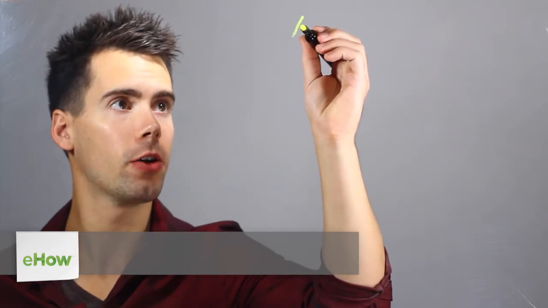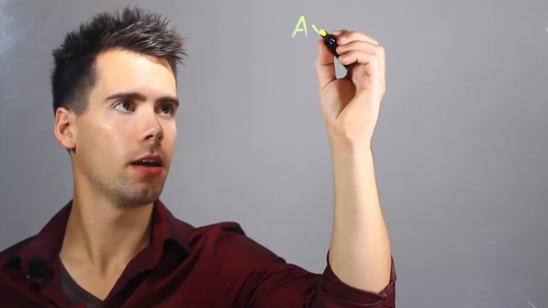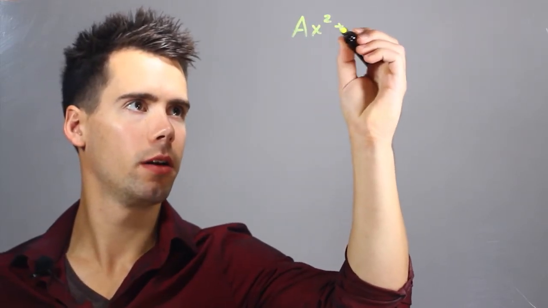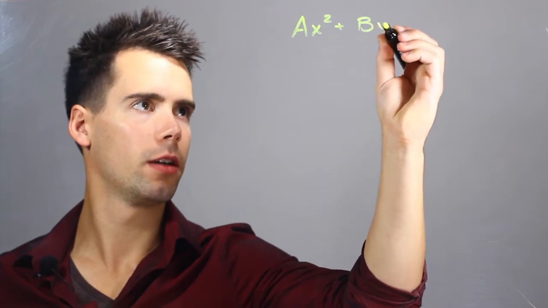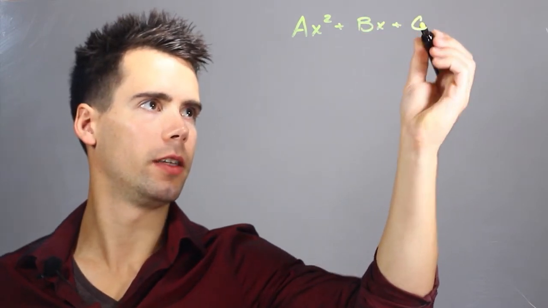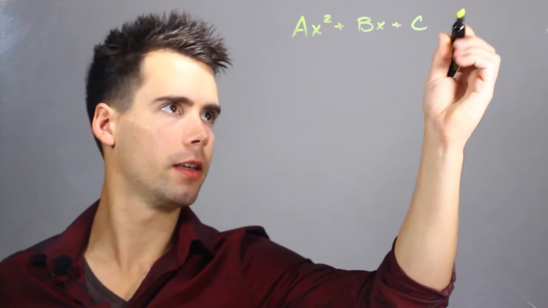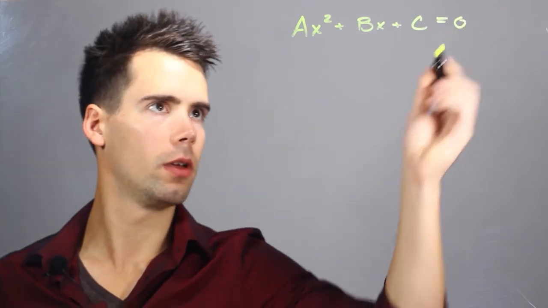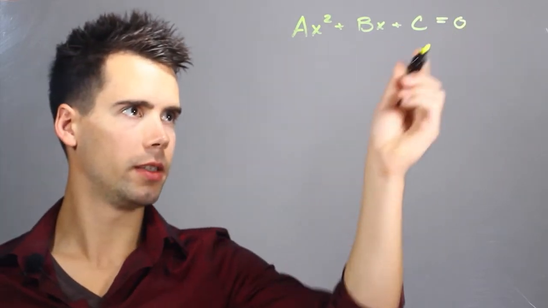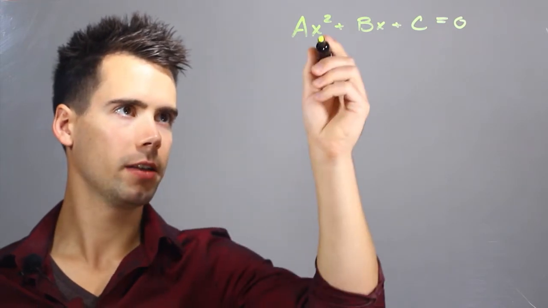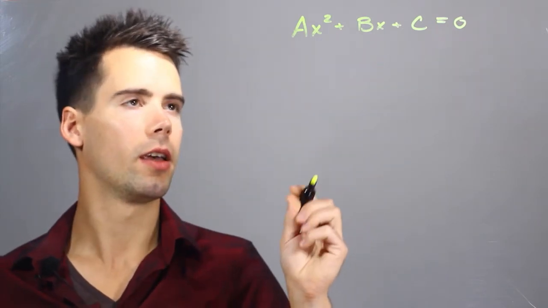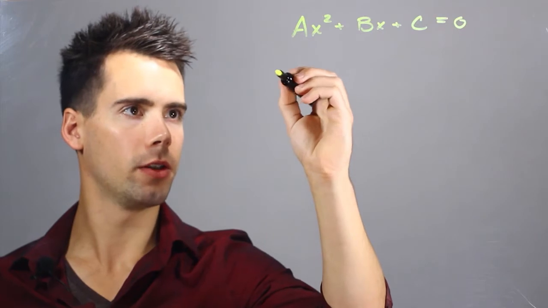Now, a quadratic equation could look like a times x squared plus b times x plus c, and in this case, it's set to 0. Now, a, b, and c are all constant coefficients. X is a variable that can change, and we can solve for x by using the quadratic equation.